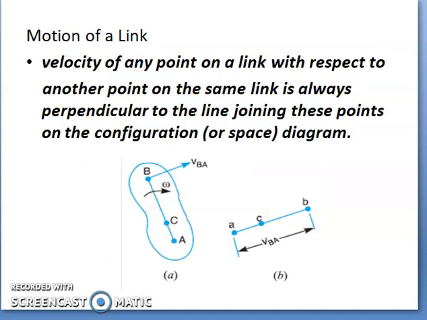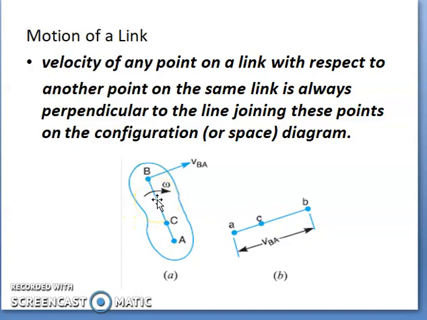So now let us apply this concept to the motion of a link. Let us consider a link AB which is attached to the point A. Now this is executing a rotational motion, rotating with an angular velocity of omega.